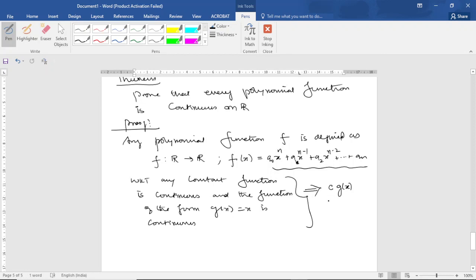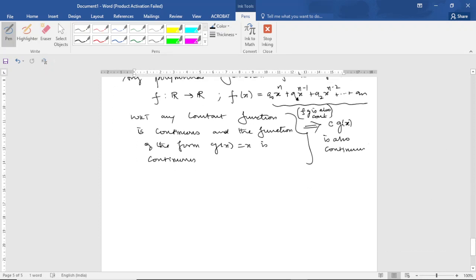This implies that c into g of x is also continuous. This is by the previous theorem: if f and g are continuous, f into g is also continuous. That theorem we can cite or refer to. So c into g of x, which is nothing but c into x, is also continuous.